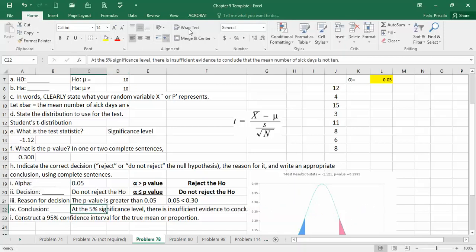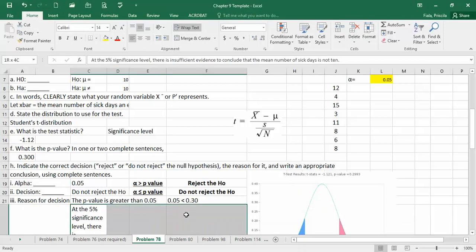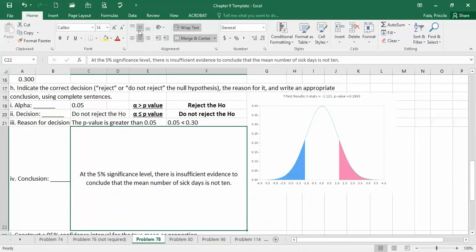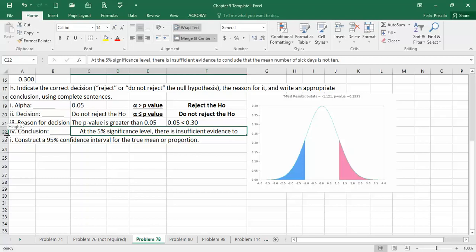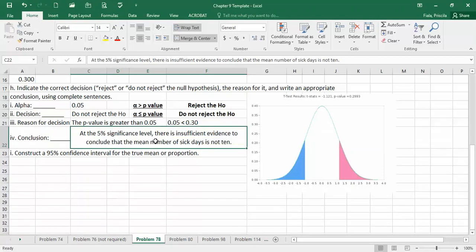You're not rejecting the null hypothesis. Therefore, you're not concluding that the mean number of sick days is not 10.